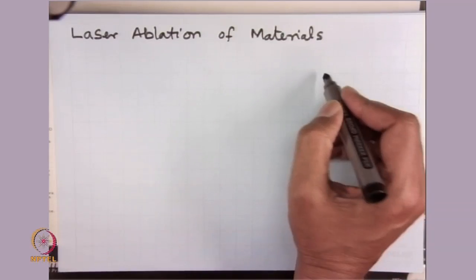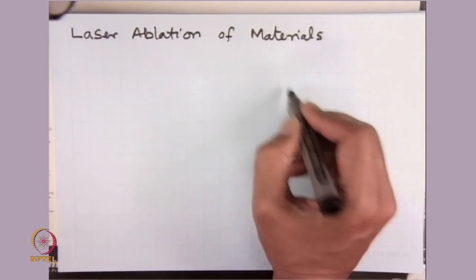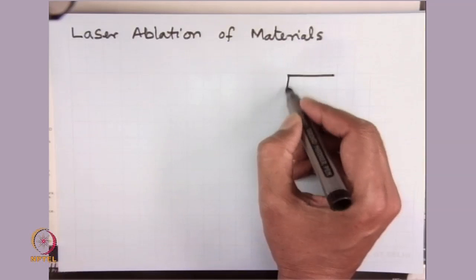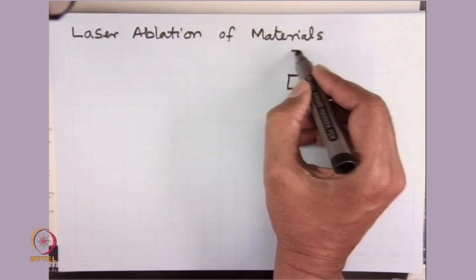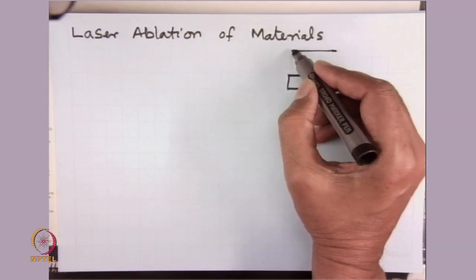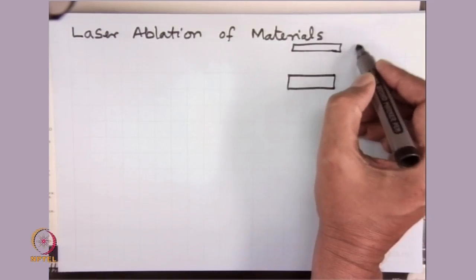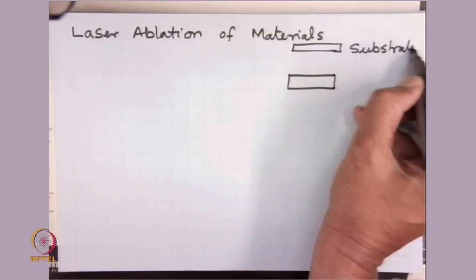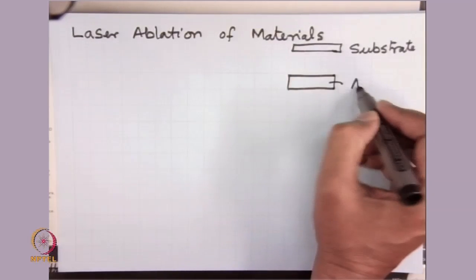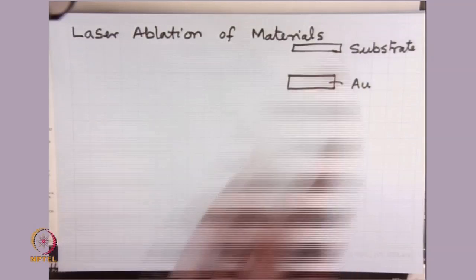Suppose I choose a material, say gold. Suppose this is my glass substrate, called substrate. This is my gold. I want to deposit, suppose, a gold film over glass.